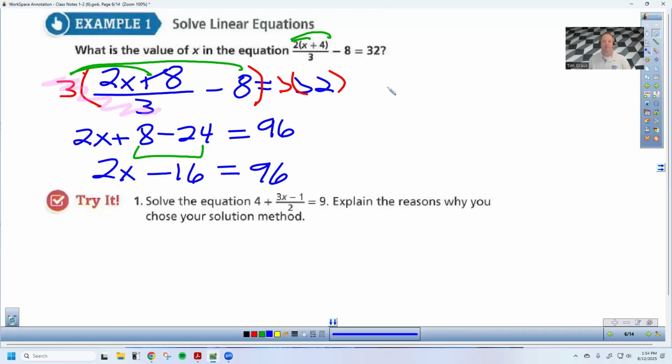I'm going to move up here to continue the problem. We see 2x, and then we see the number 16 being subtracted on the variable side. To deal with that 16, I have to undo it. I have to line up a plus 16 underneath here, and a plus 16 underneath this 96.